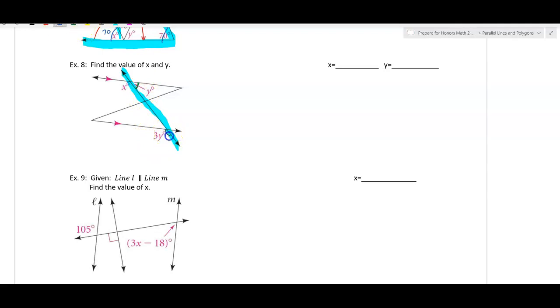So what I have to notice is if this is y, because those are corresponding angles, now what do those have to do? 3y plus y has to add up to 180. If 4y equals 180, what is y going to equal? 45.